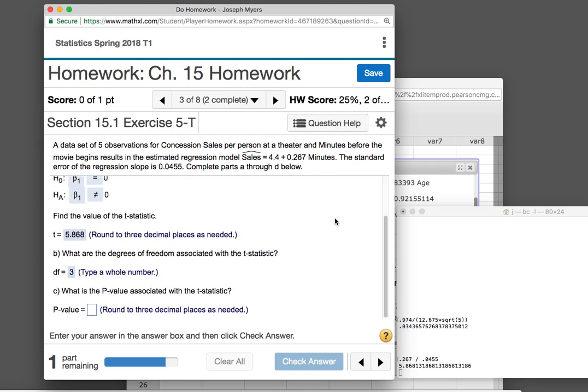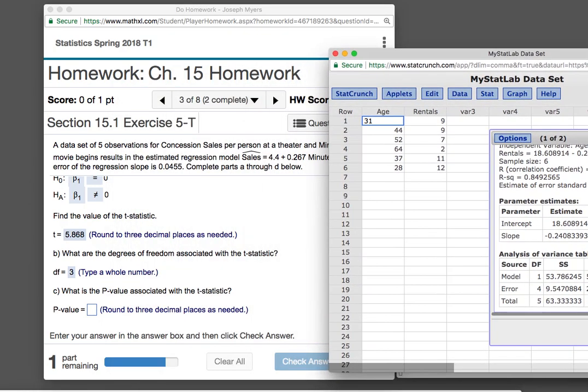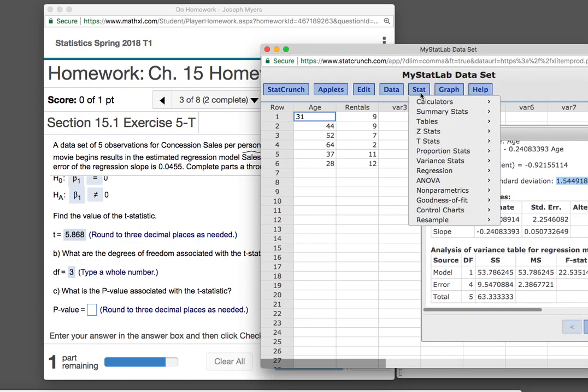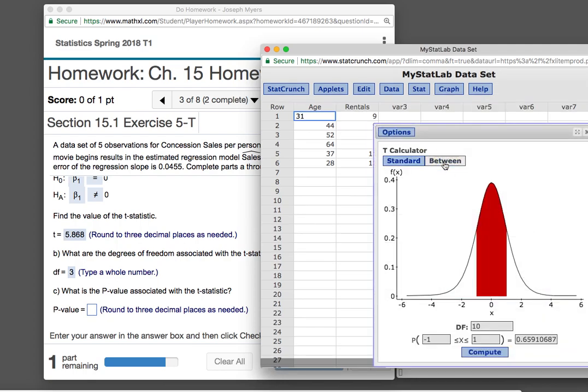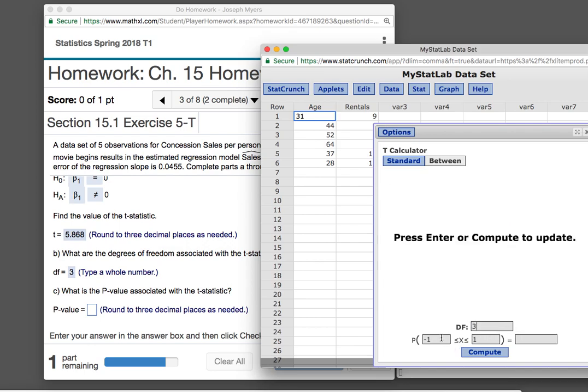And what's the p-value? To find the p-value of a t-value, you have to use the t probability calculator. So the t distribution, it's 3 degrees of freedom, and we got a t-value of 5.868, and it's two-sided, so let's do negative and positive 5.868, and then compute.